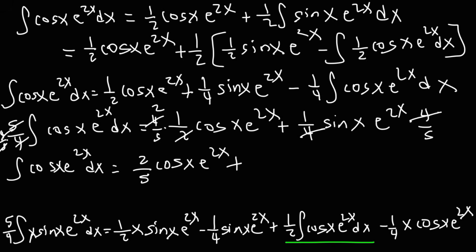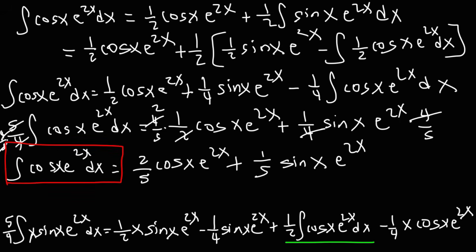Here the 4's cancel, so that becomes 1/5 sine x e to the 2x. So the integral of cosine x e to the 2x is 2/5 cosine x e to the 2x plus 1/5 sine x e to the 2x.